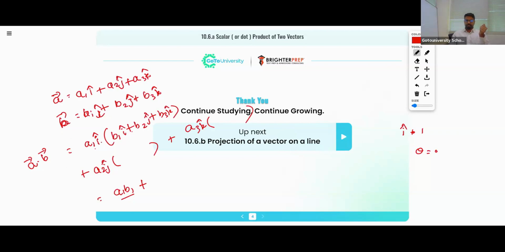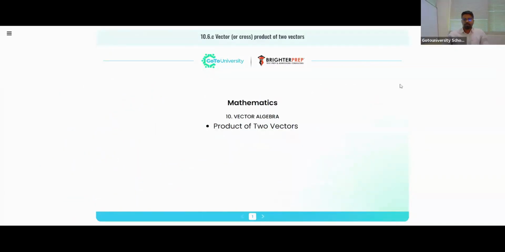Similarly, A1 B3 is cancelled, so we end up with only A1 B1. Similarly, we end up with A2 B2 and A3 B3 only. That is the product of A and B. Remember this, because the remaining part will become 0: I into J becomes 0, I into K becomes 0. This is something you need to remember before solving the questions.